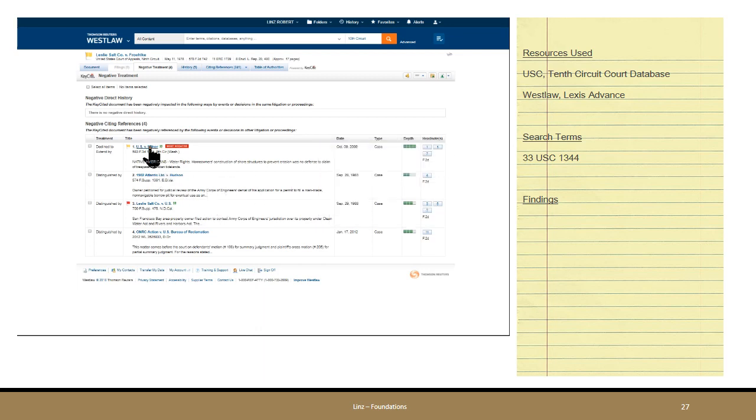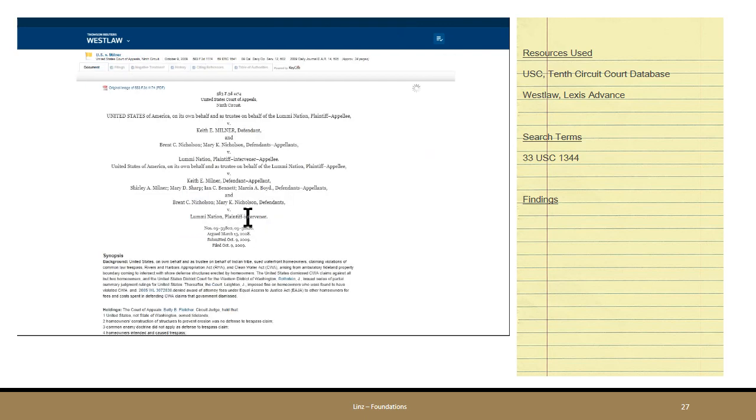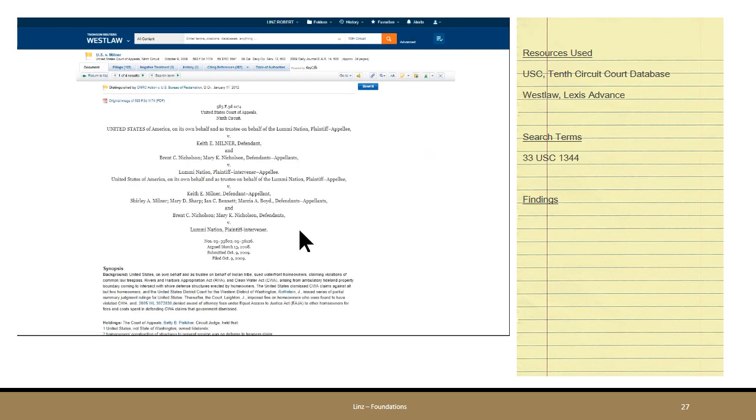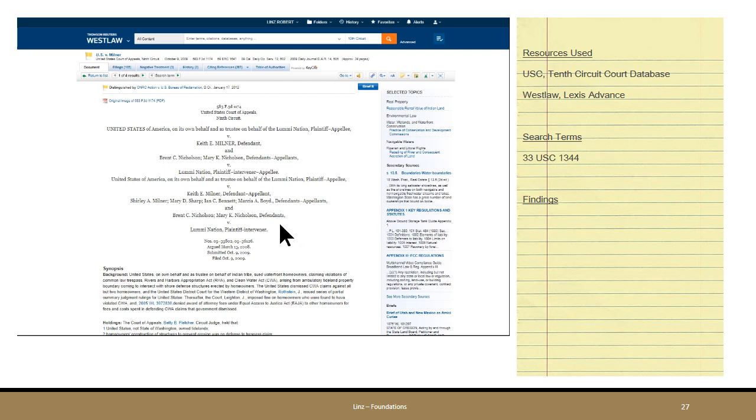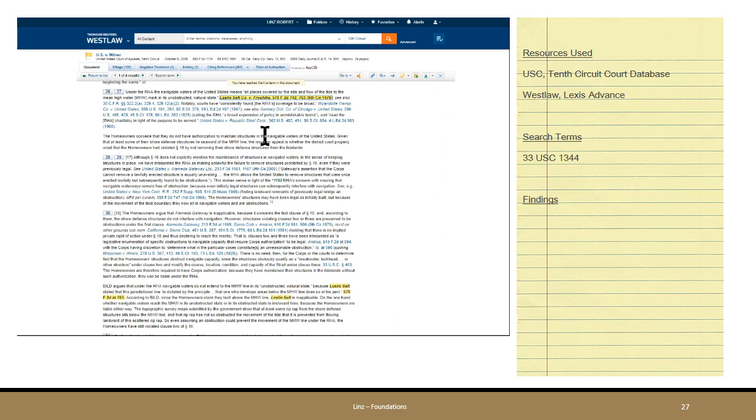So we could open up the Milner case, and this will provide us with the specific information about where our case is discussed, right? So we can look at the search term, and it drops us down to that point in the case where our case is cited, and the headnotes within.